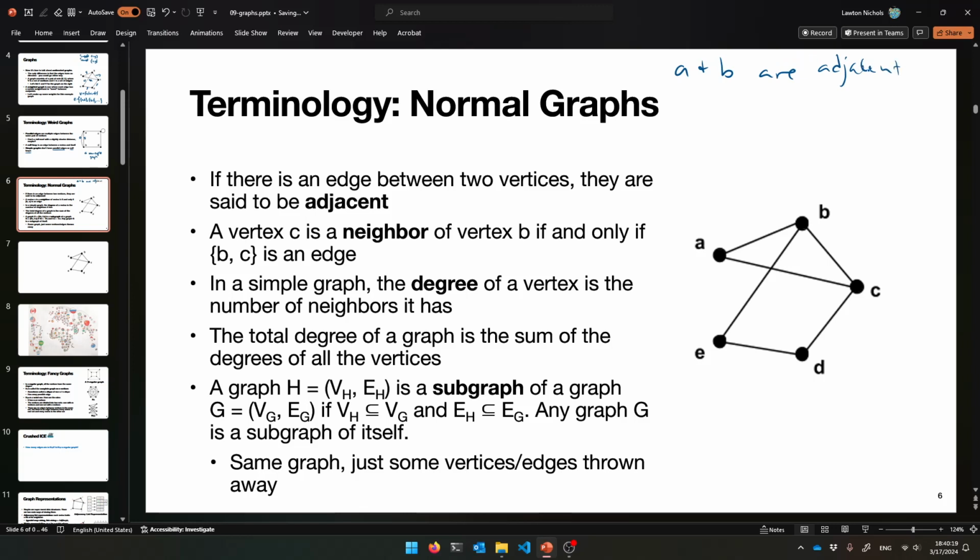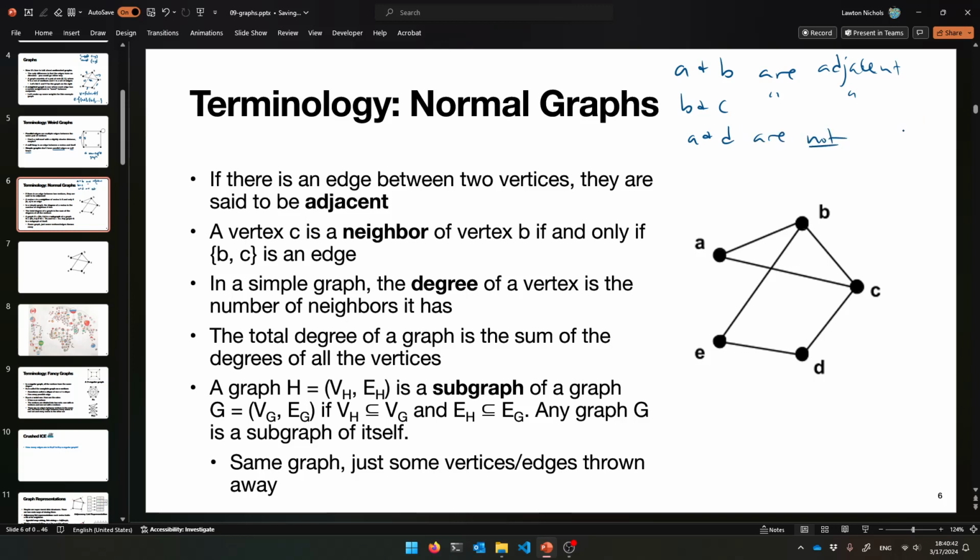You can say that B and C are also adjacent because there's this edge right here. But where's some vertices that aren't adjacent, like A and D? Those are not adjacent because there isn't an edge like that. So A and D are not adjacent vertices.